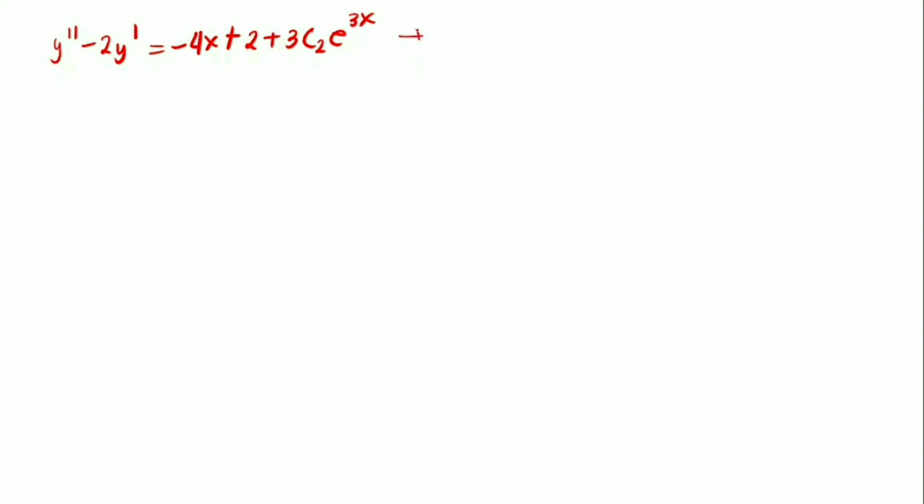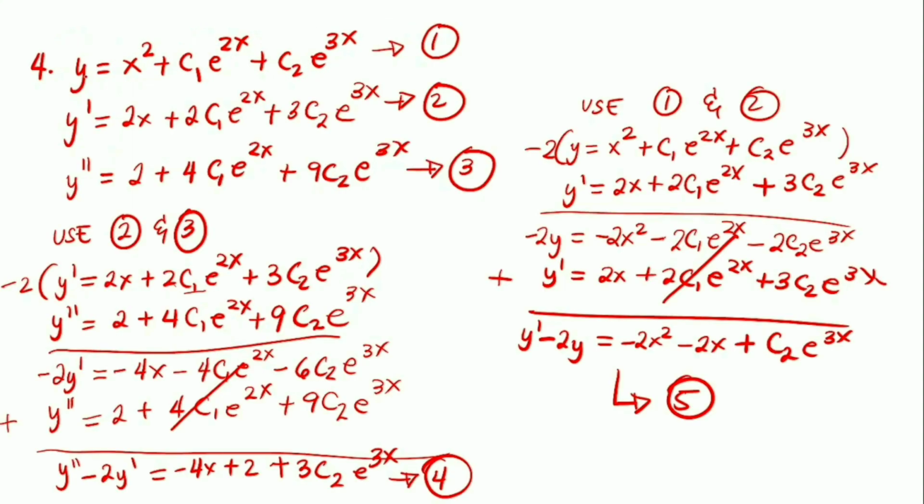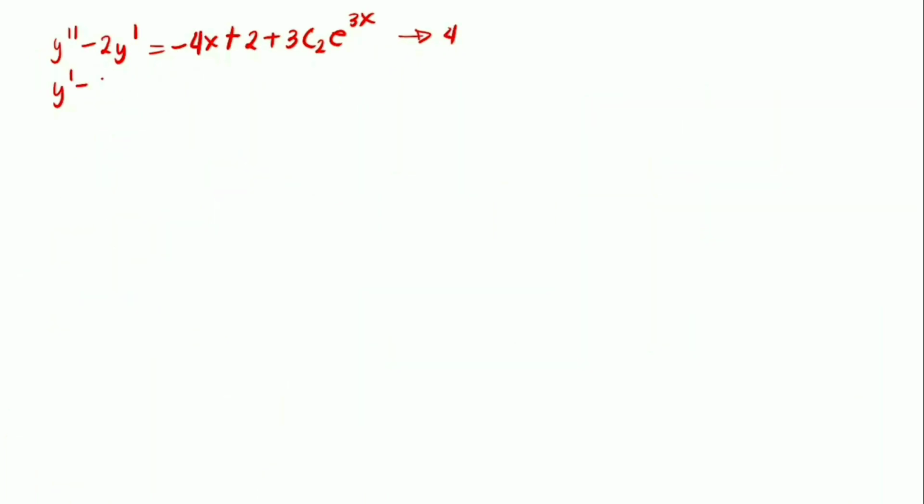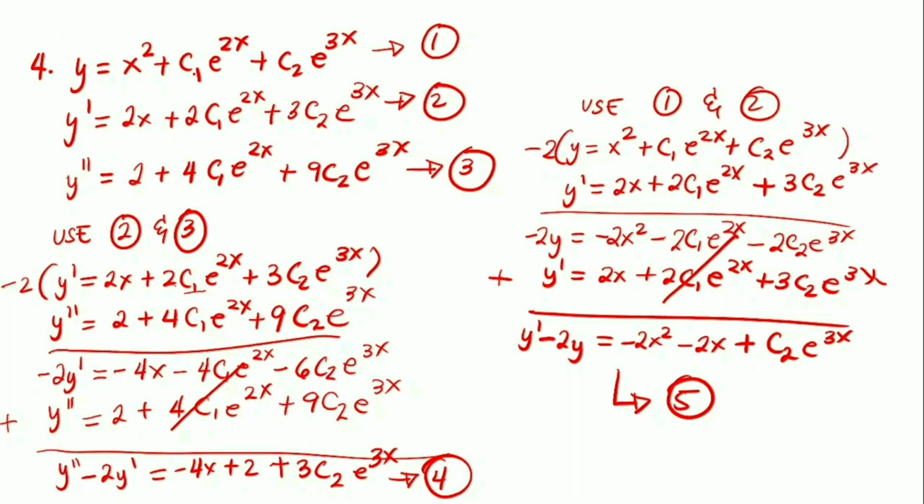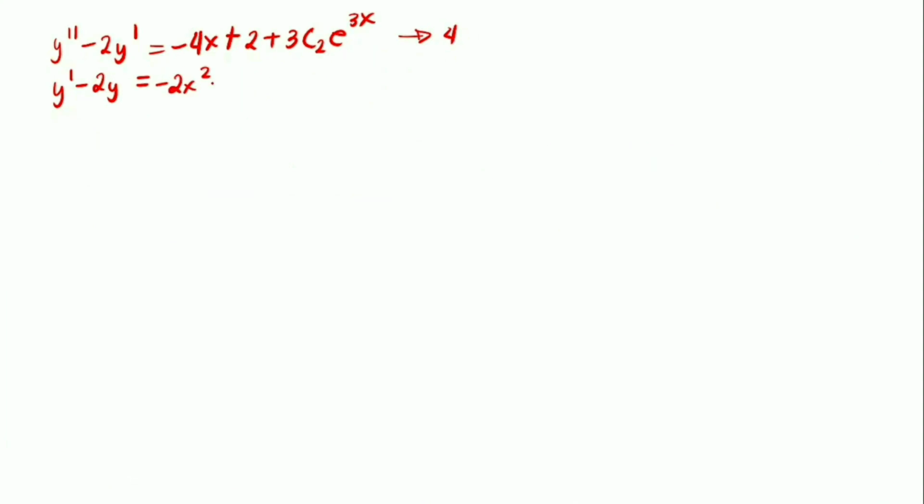And then the equation 5 mo is y prime minus 2y is equals to negative 2x squared minus 2x plus c sub 2 e raised to 3x. So ito ang equation 5 natin. So, in order to eliminate the c sub 2 e raised to 3x, the remaining constant, you need to multiply the whole equation 5 sa negative 3.